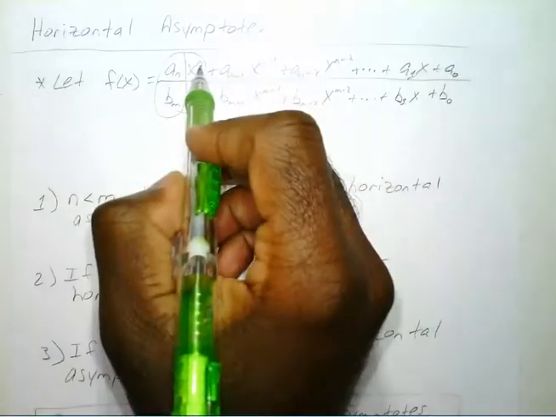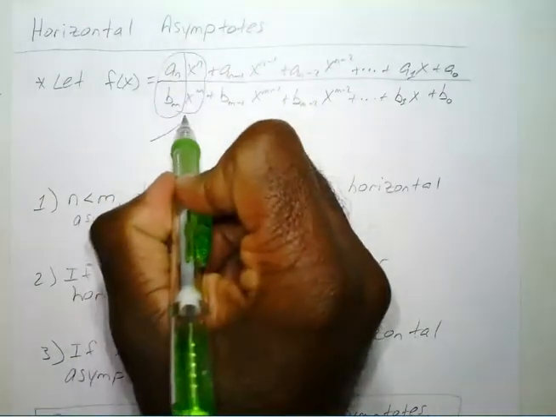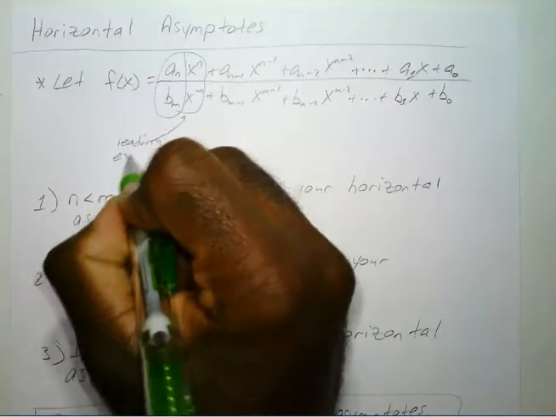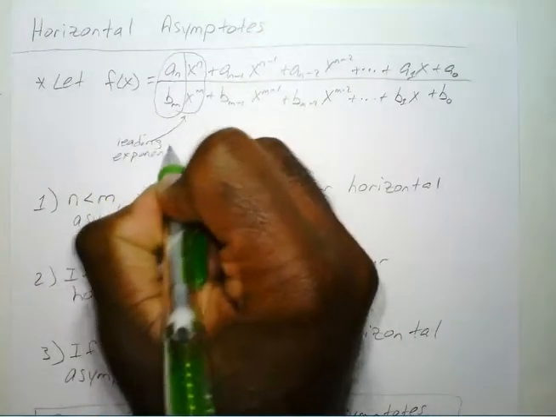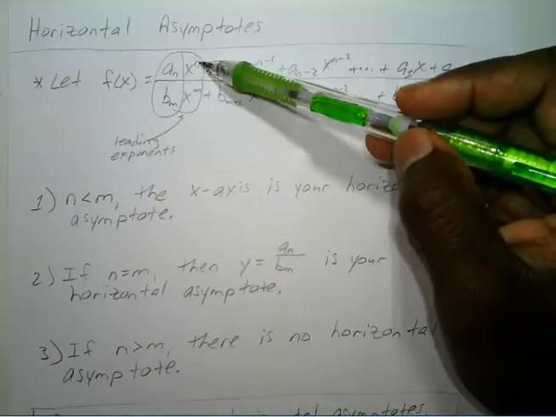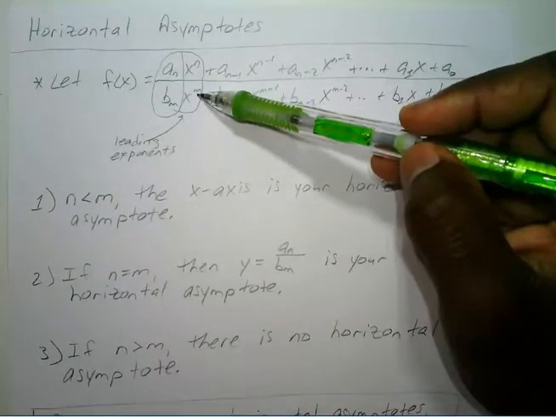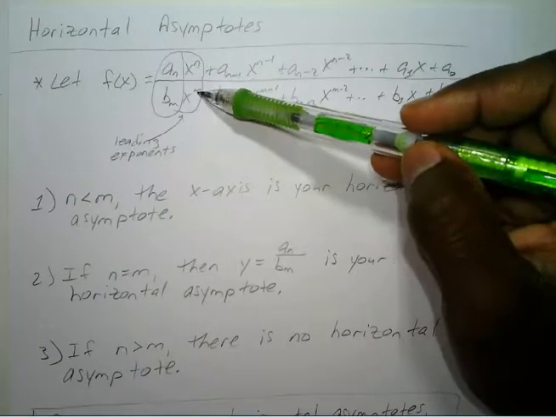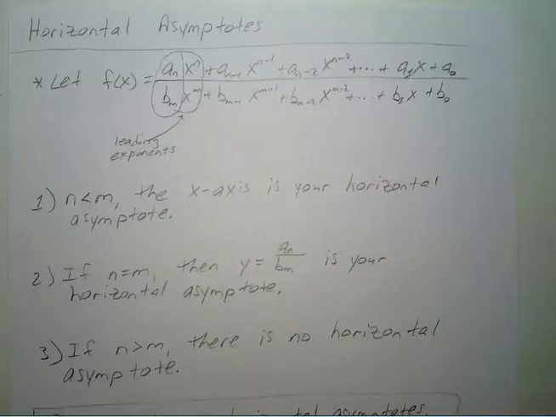And you're going to pay attention mostly to your leading exponents. Now there are three possibilities. The exponent up top is going to be bigger than the one on the bottom, the one up top is going to be smaller than the one on the bottom, or they're going to be equal. Each one of those scenarios has a different outcome.